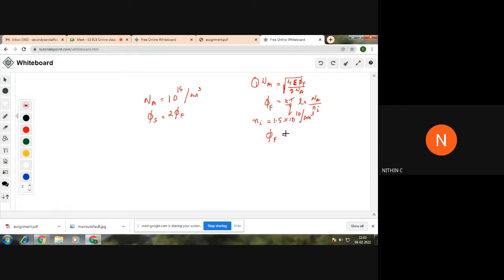We have done this a lot. What value? Yes. We have done this type before. Once you get the value of phi f, instead of epsilon, you need to substitute epsilon is equal to epsilon 0 epsilon r si, since we are finding the depletion layer width of silicon.